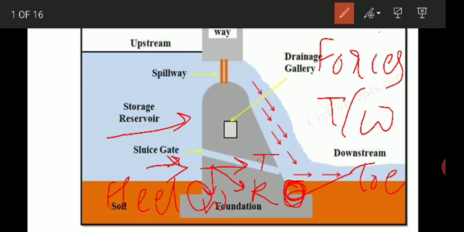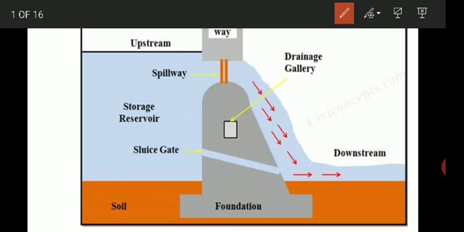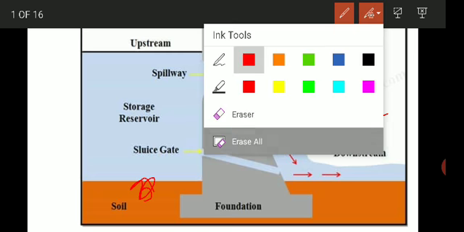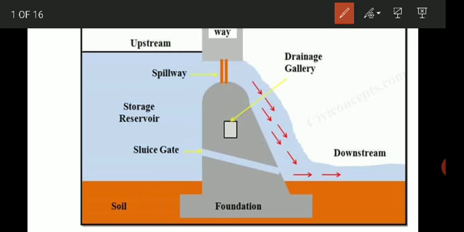Then there is one more force acting on the dam, the pore pressure. The water entering the permeable rock below the dam exerts an upward pressure on the base of the dam.